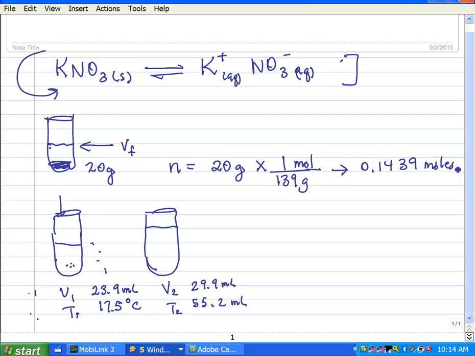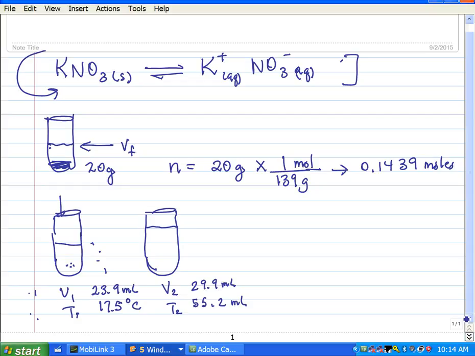So that's constant, right? It stays the same. That amount of potassium nitrate has been added to the tube and it never changes. We just keep adding the liquid to the top, more volume, more water, but the amount of moles of potassium nitrate does not change. Okay?